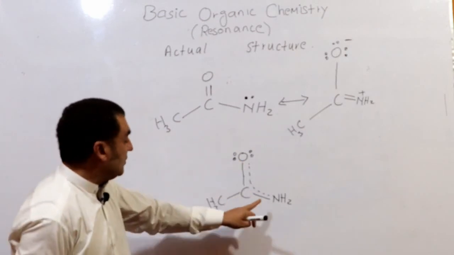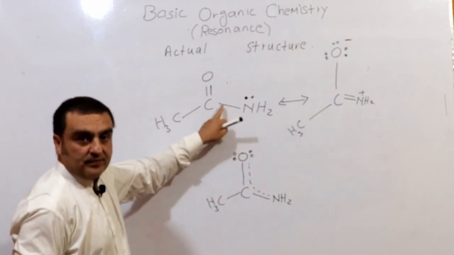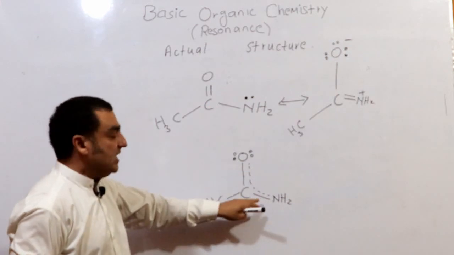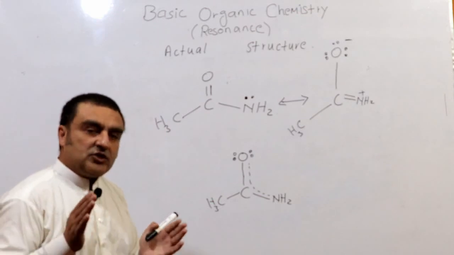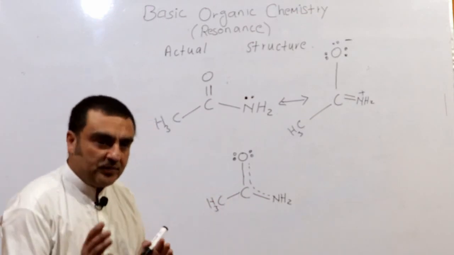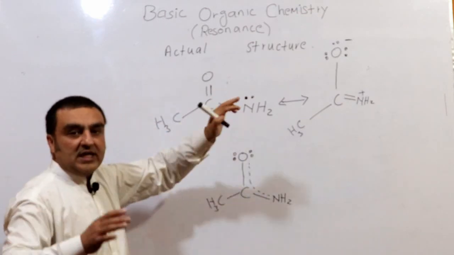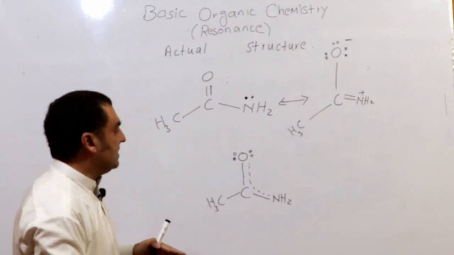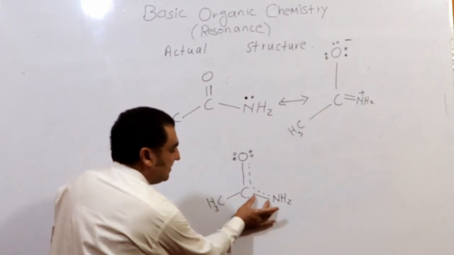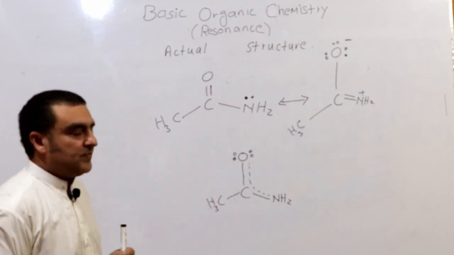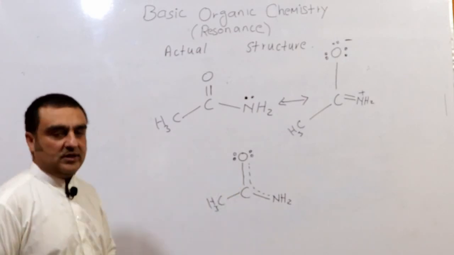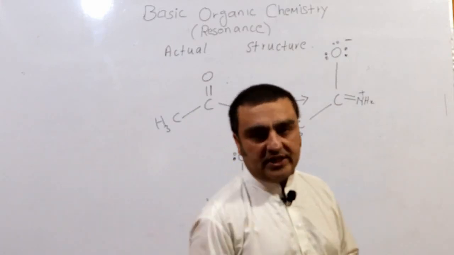Shorter than what? Shorter than this. The CN bond will be shorter than this, and the carbon oxygen bond will be longer than this. So the lone pair and the bond pairs arrange themselves in such a way that it gives a little bit of double bond character to this CN bond and a single bond character to this CO bond. So this is another thing.